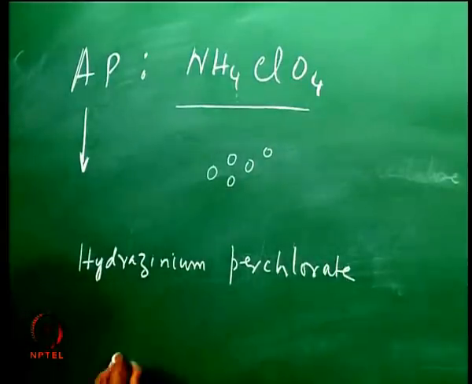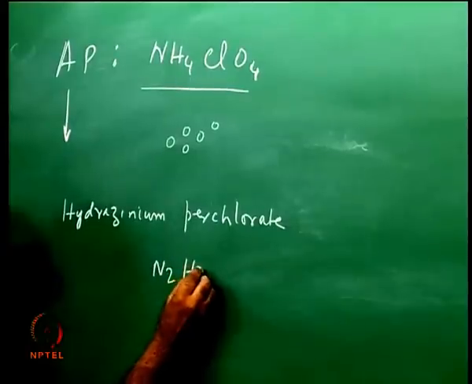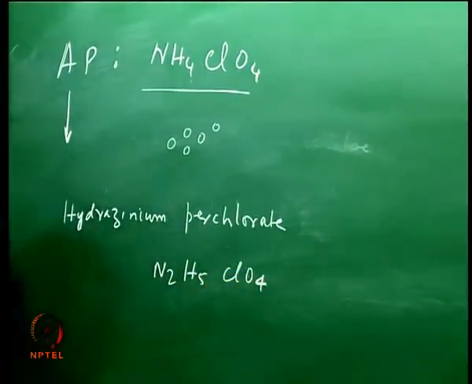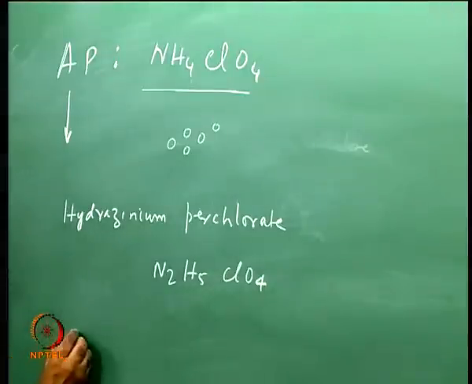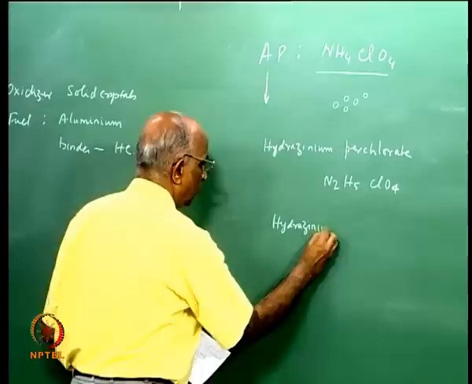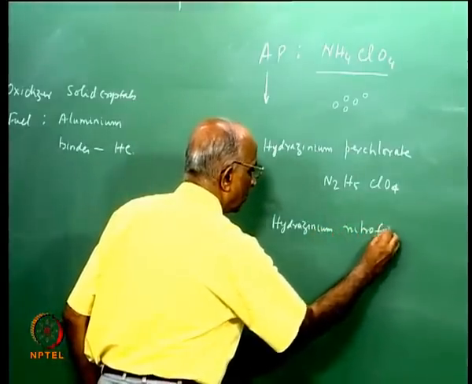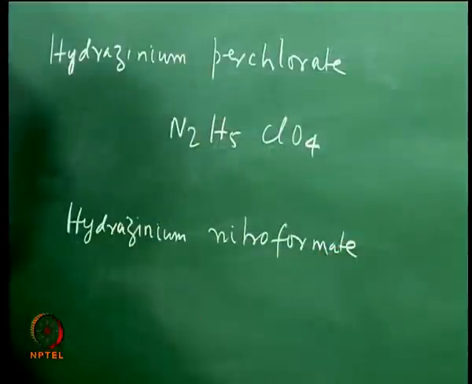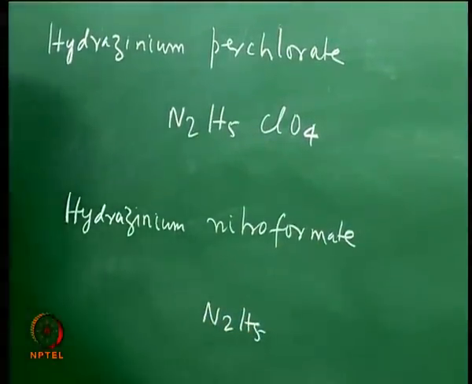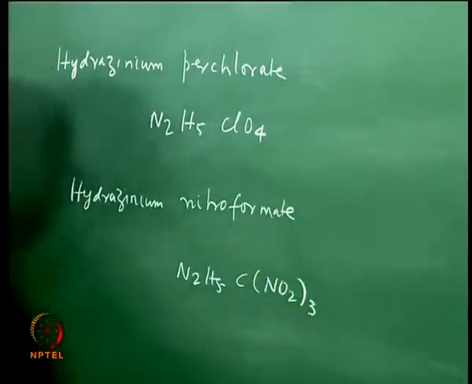Yes, it should contain some hydrazine, that means it should be N2H5ClO4, and another one which is hydrazinium nitroformate, and the formula for this will again be hydrazinium N2H5 into C(NO2)3.